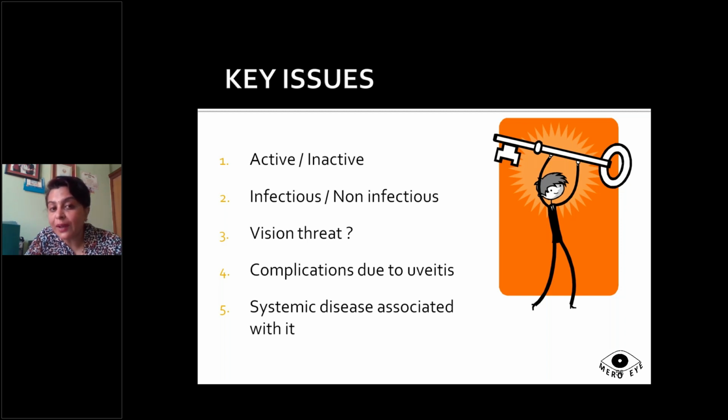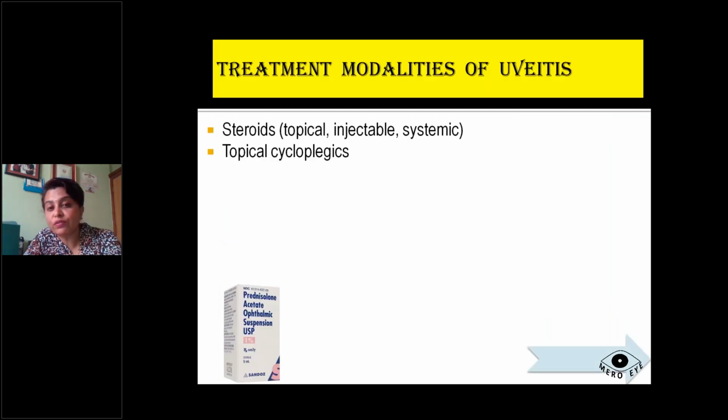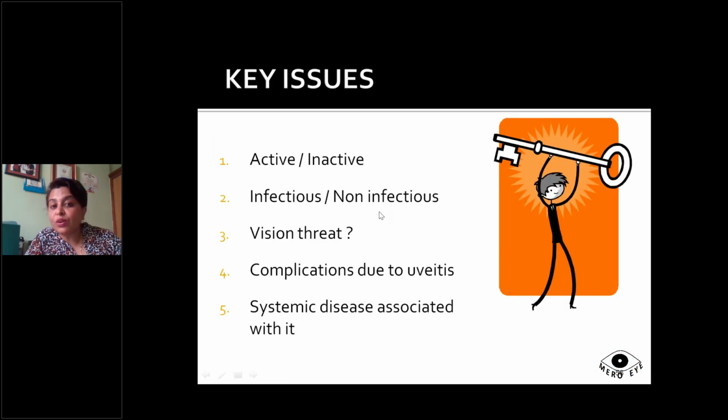That's why we have to act fast for the active disease. And the second clue is whether it's an infectious or a non-infectious etiology, because if we think it to be infectious and we hurry in starting oral steroid, that can lead to more complications than helping you in the management of the disease.